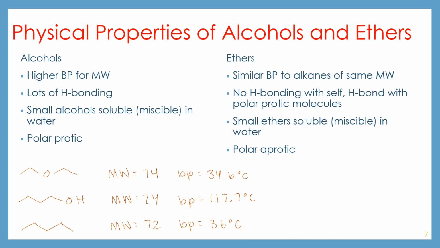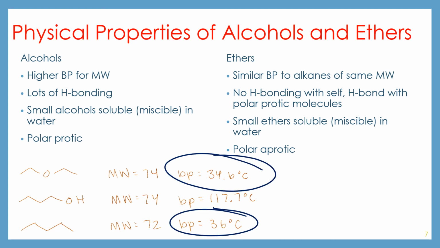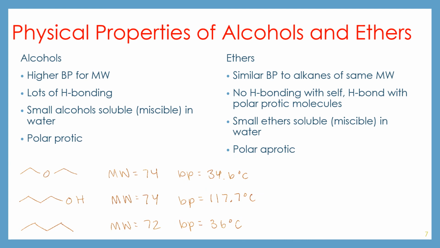Ethers also have, you can look at an ether that has a similar molecular weight to an alkane, and what you'll see is that they actually have similar boiling points. So they're only slightly different from each other, and ethers are actually a little lower. Now, they do have dipole-dipole interactions that alkanes do not have, but they have 0 hydrogen bonding with themselves.